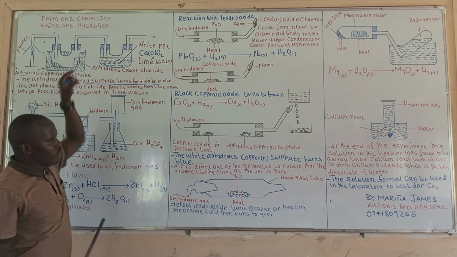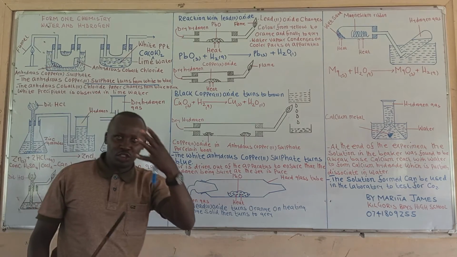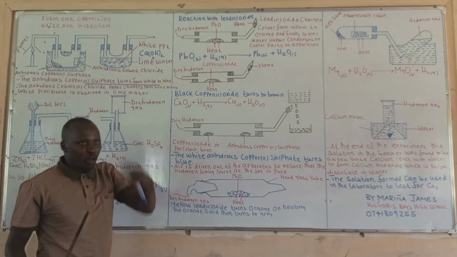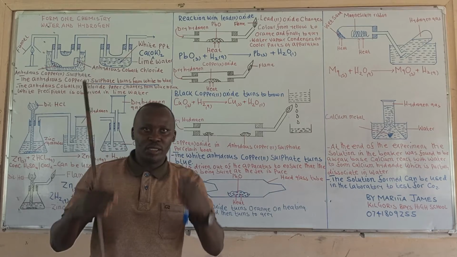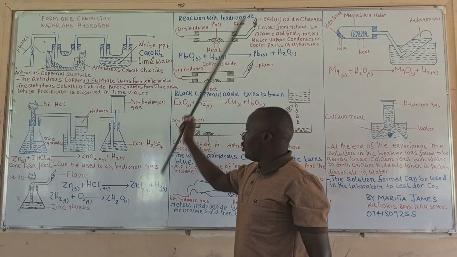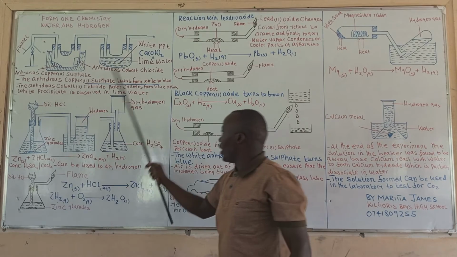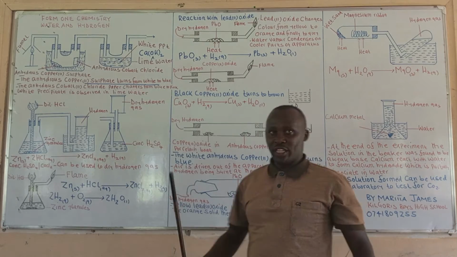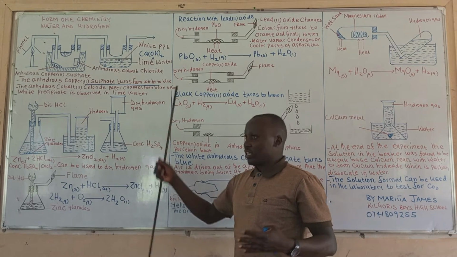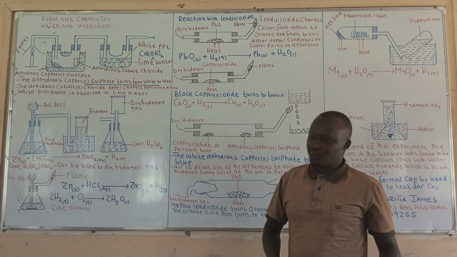To confirm that the gas produced is CO2, the CO2 normally reacts with calcium hydroxide and forms a white precipitate. That is what you can see in this diagram, where a white precipitate is observed in lime water when the carbon dioxide passes through the calcium hydroxide solution.